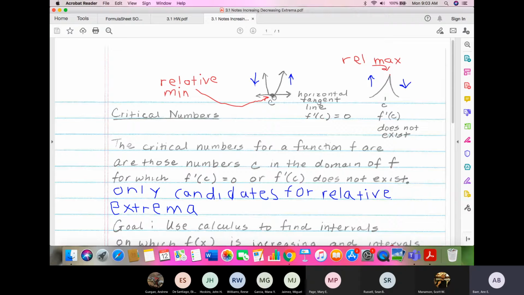Remember, the first derivative is the slope of the tangent line. A tangent line at a particular point on a graph is the straight line that best approximates the graph on both sides, and it's the unique line that does so.